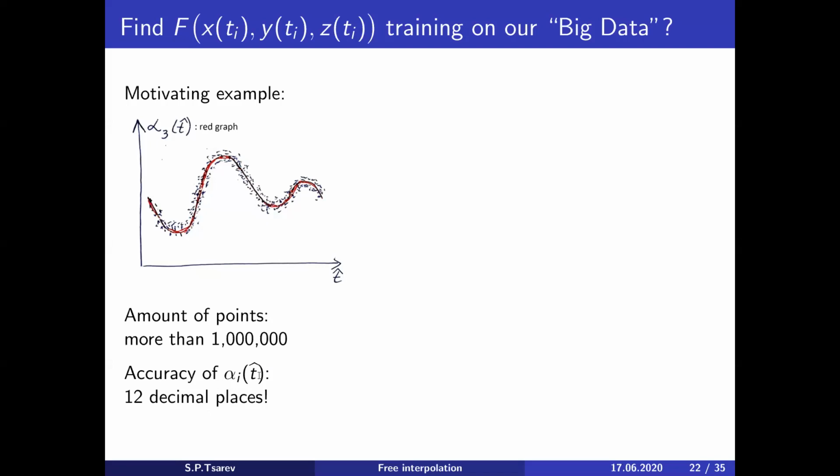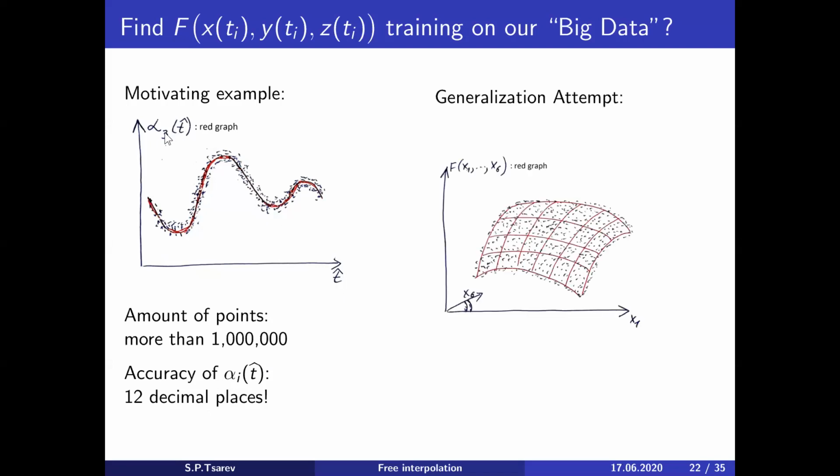But this is the case when we have only one parameter, t hat, in our functions alphas. But what about free form function f, when it's no longer linear polynomial on our 6 arguments? Good. Suppose we again have 1 million point in 7-dimensional space. We have 6 parameter x, y, z in one point, x, y, z in another point, and the values of f in the target point.